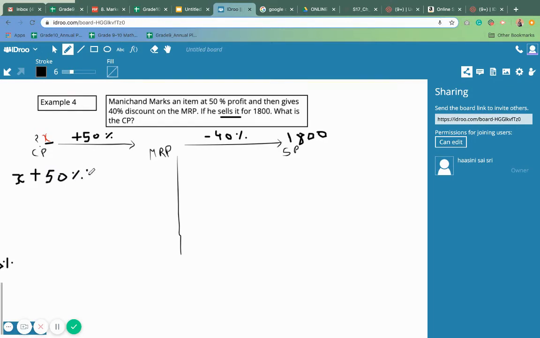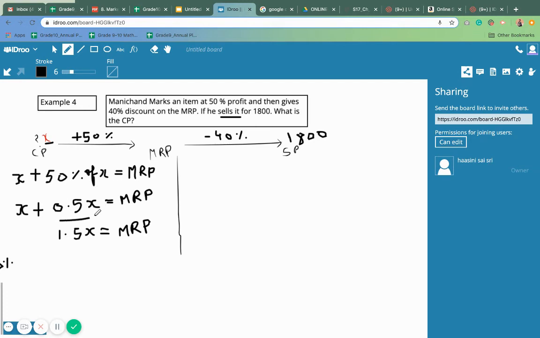So if I'm going to solve this equation, let me solve it. After the calculation, what did I get? X plus 50% of X is 0.5X. I changed this 50% into a decimal. X doesn't have a number in front of it, so I took 1X. 1X plus 0.5X will give me 1.5X. So I got the MRP as 1.5X.